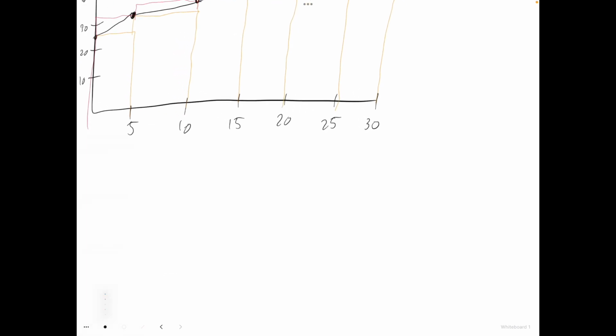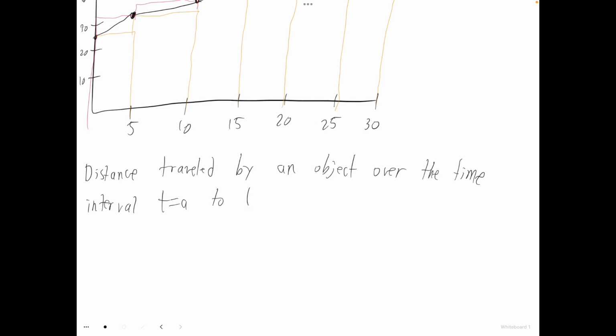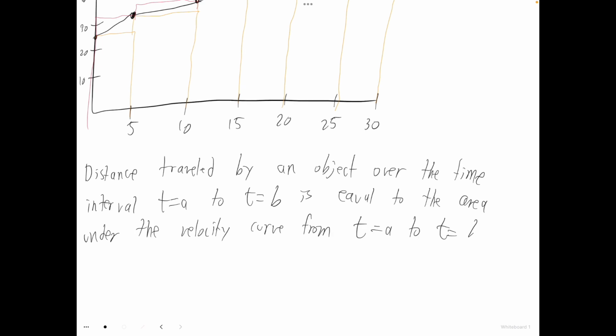And so it turns out that the distance traveled by an object over the time interval t equals a to t equals b is equal to the area under the velocity curve from t equals a to t equals b.